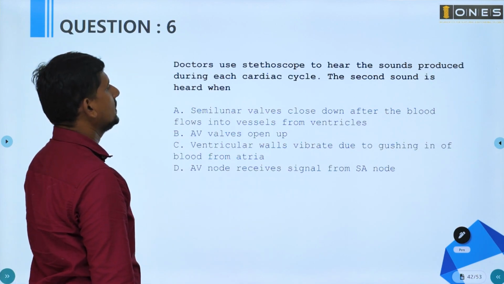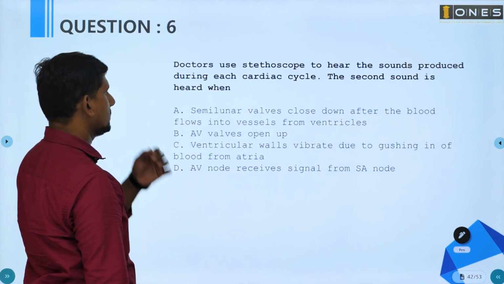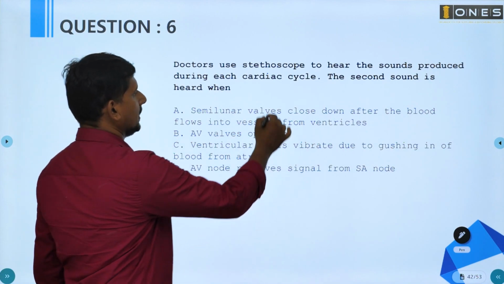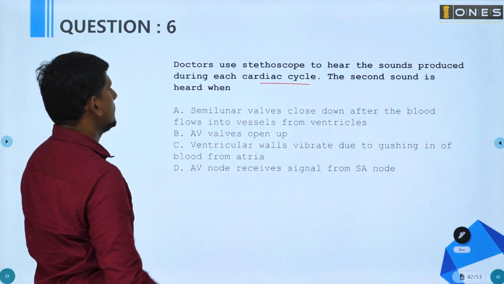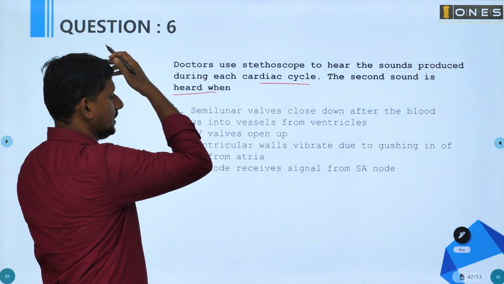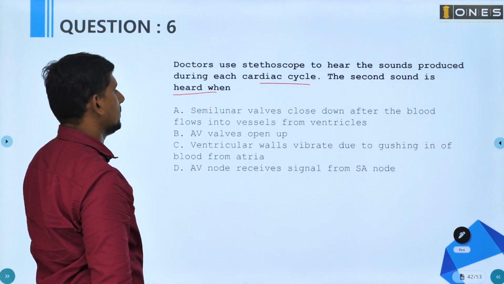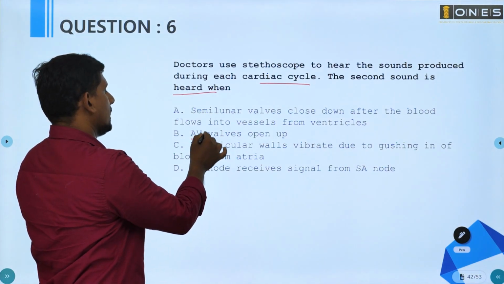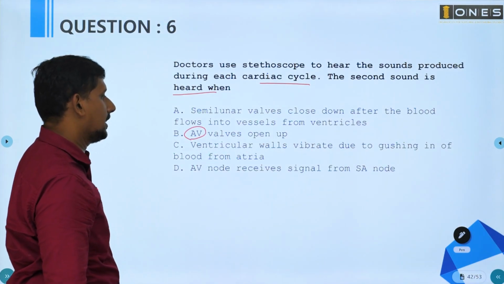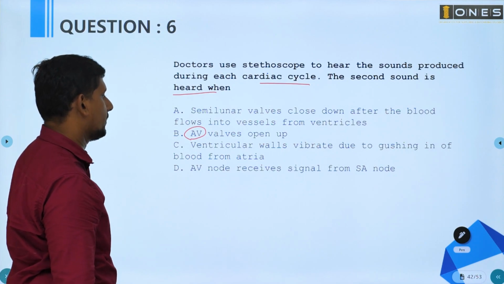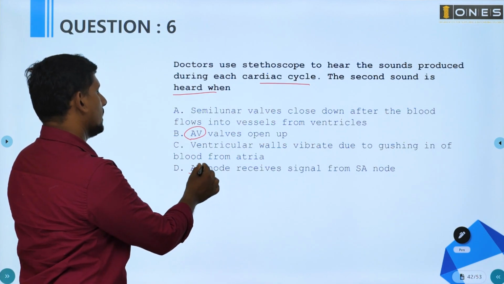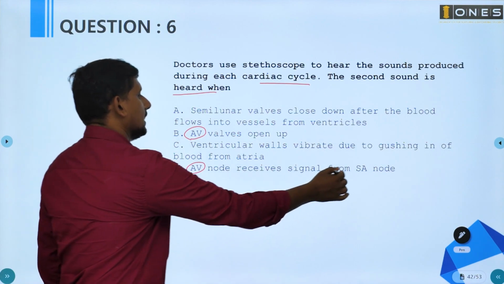Sixth question. Doctors use a stethoscope to hear the sounds produced during each cardiac cycle. The second sound is heard when: first option, semilunar valves close down after the blood flows into the vessels from the ventricle; atrioventricular valves open up; ventricular valves vibrate due to gushing in of blood from atria; or the atrioventricular node receives a signal from the sinoatrial node.